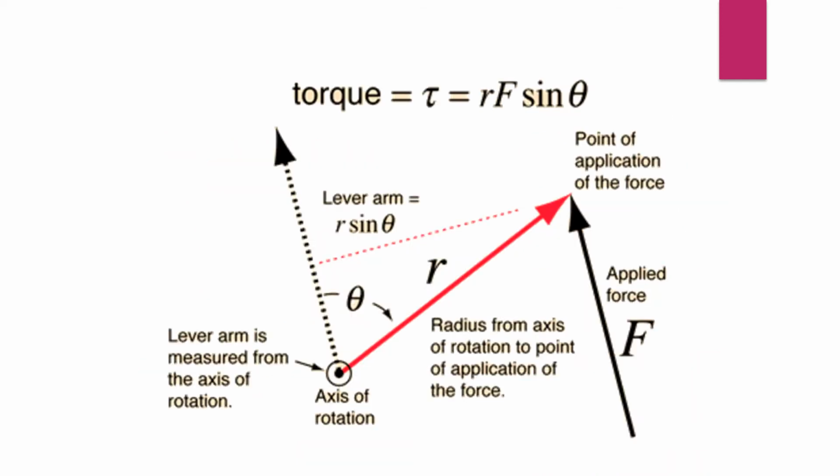So the torque is T, and T is equal to R F sine theta. The lever arm is equal to R sine theta. The lever arm is measured from the axis of rotation to the point of application of the force. As a result, the nut or the object will open or close.